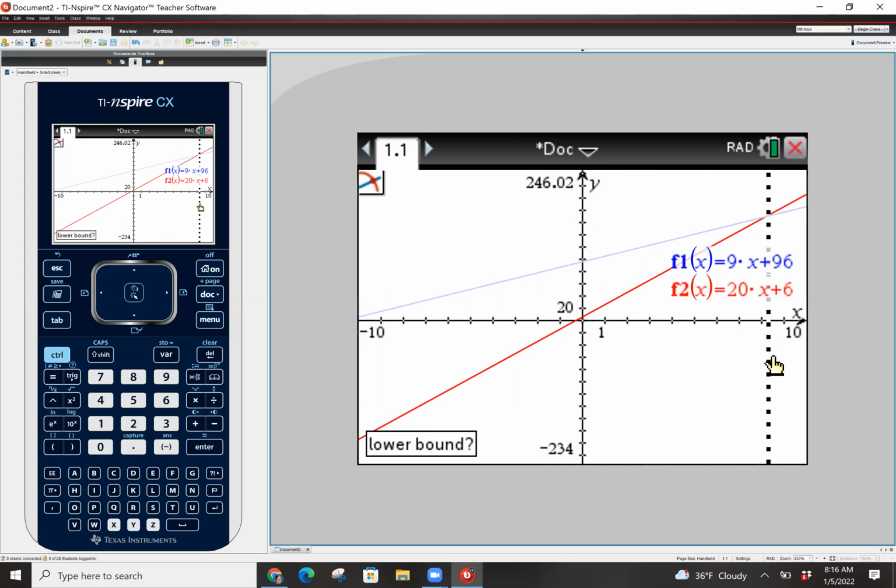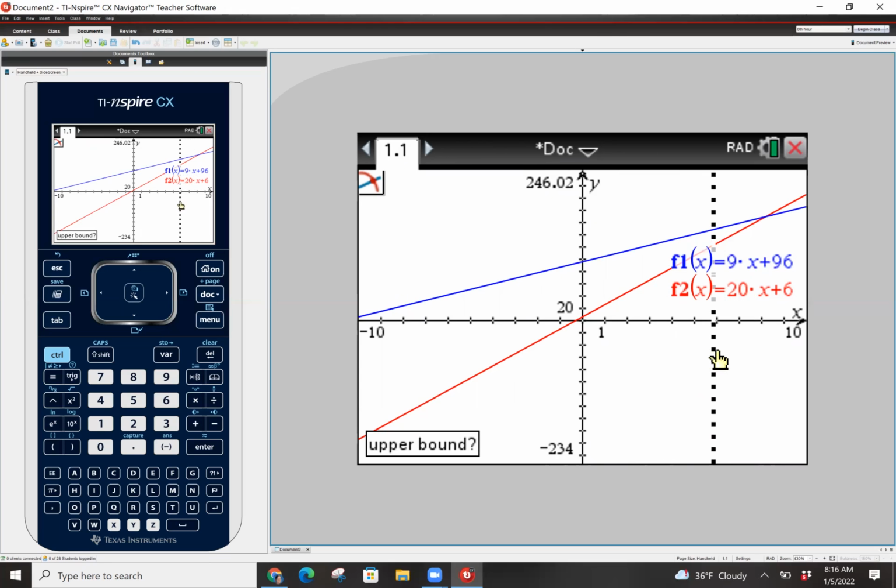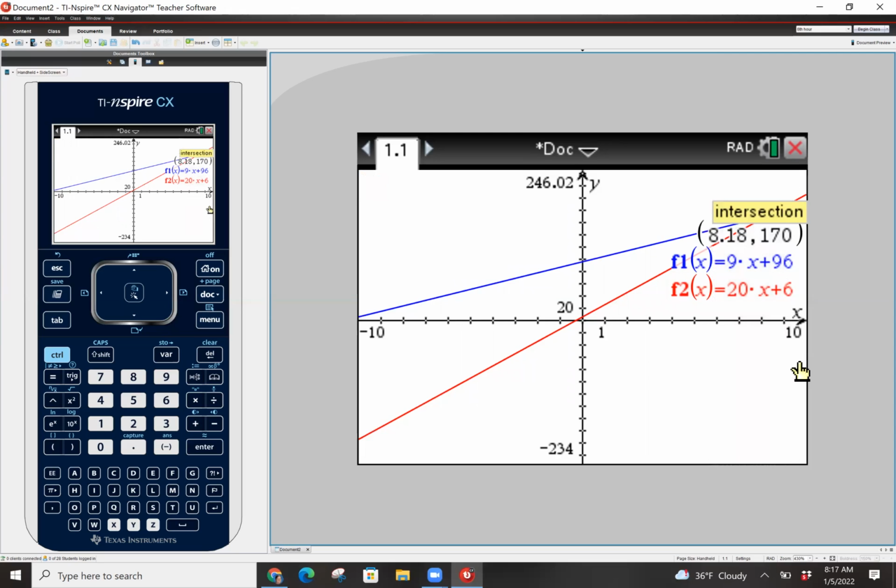So here's the intersection. I recommend giving you some room. And all you have to do is click it. Now notice it says upper bound now. You're shading the area. See, you're trying to give the calculator an area to search. And then you click it. So I'm going to give you a moment to process this.